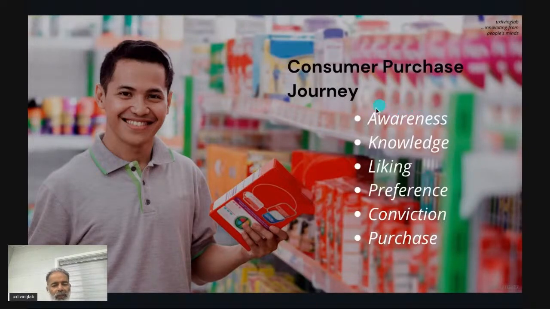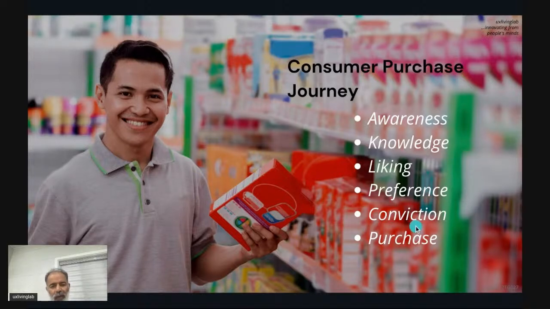Consumer journeys start with awareness. The consumer should be aware of the product. That's the first step. Then the consumer will start learning about the product, that is, gaining the knowledge. Then the consumer will like the product. Different products will be liked. Then the consumer will look into the different brands and products, then prefer one for purchase.